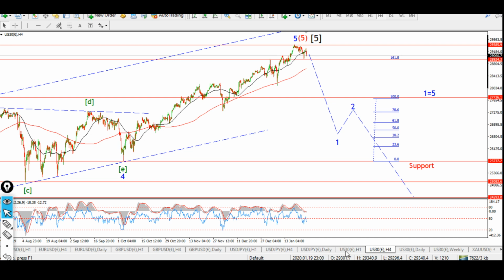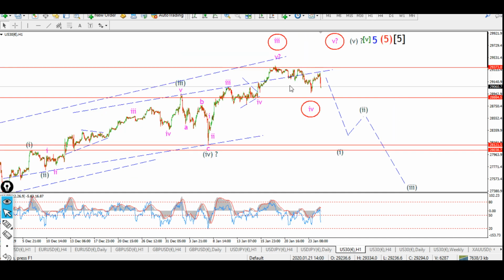Let's get into the hourly chart here. I know I'm kind of stumbling at the moment in my mind. Okay, so I've got this alternate count here for wave 5 as well. I am not working with that ending diagonal theory right now, but I have got another alternate count here for wave 5 in gray. So that could be a 1, possible 2 here, 3, 4, and maybe 5.